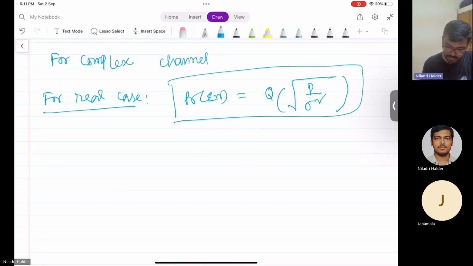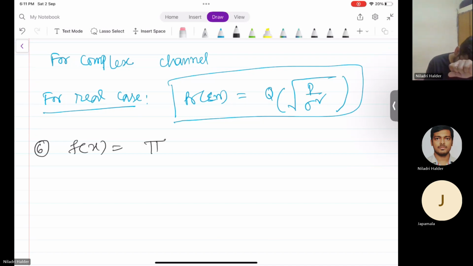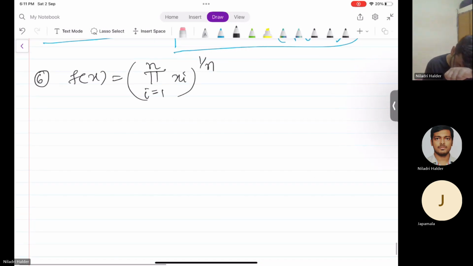Now the next question is: f(x) equal to the geometric mean, find the Hessian.